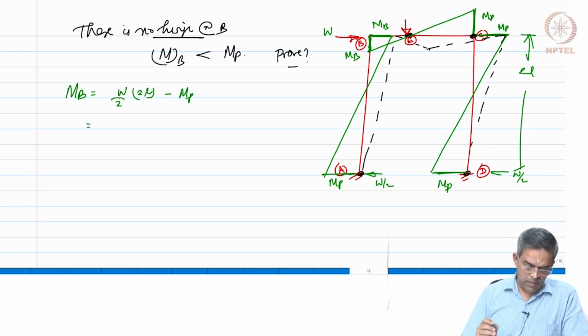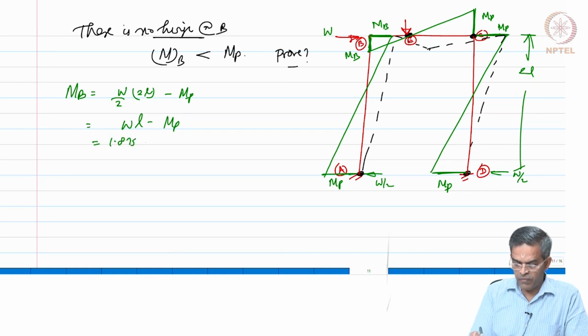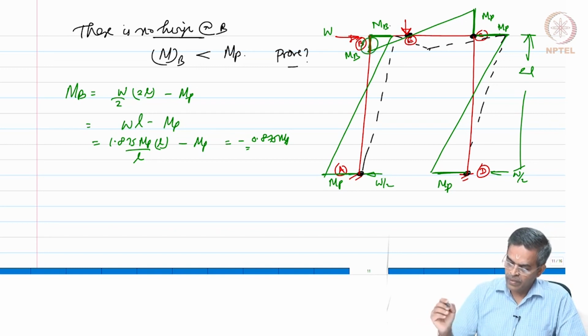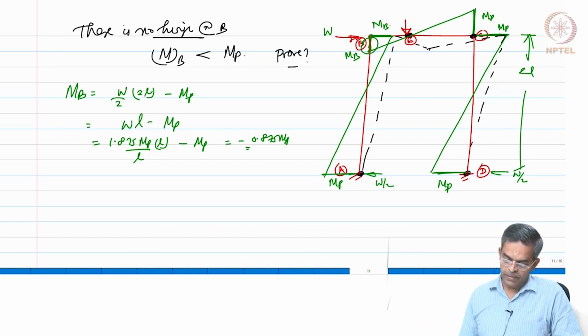Now, if I say this W is my WC, let us say WL minus MP, which is 1.875 MP by L into L minus MP. So, I get minus 0.875 MP. Negative is due to a sagging moment and it is lesser than MP.